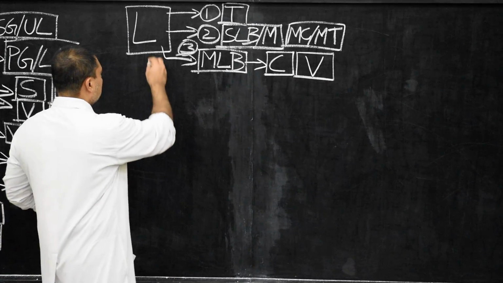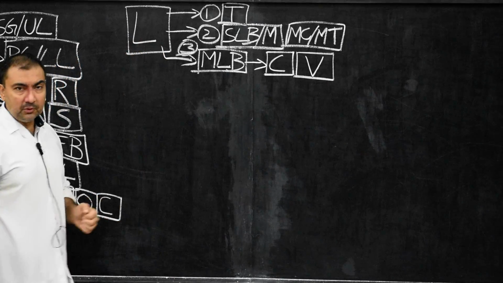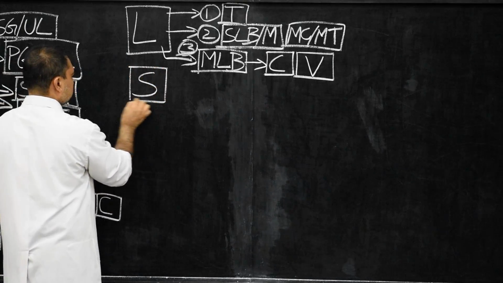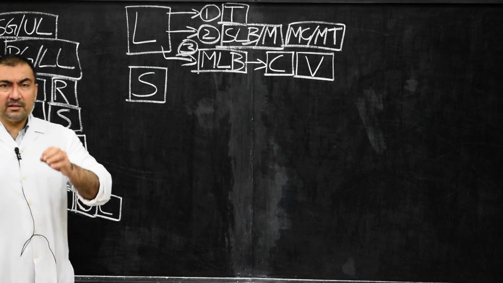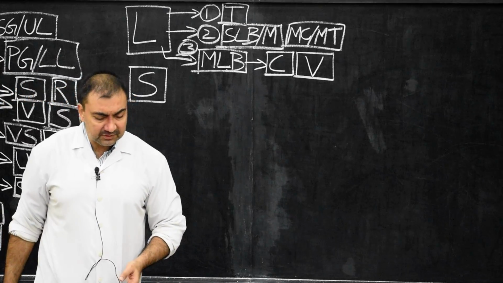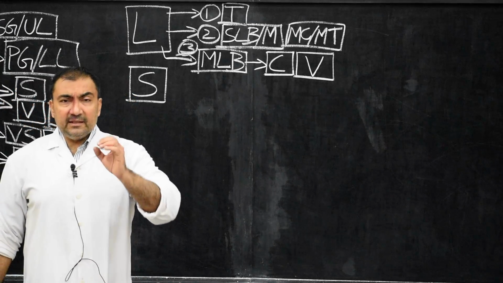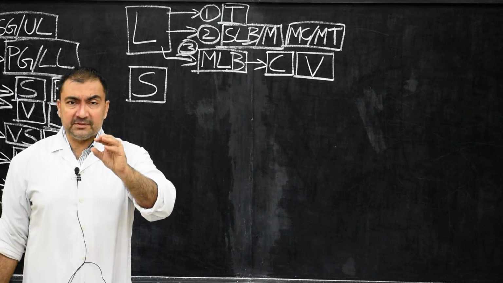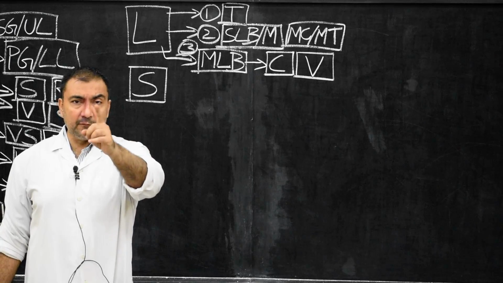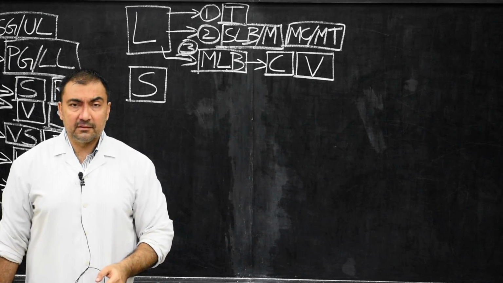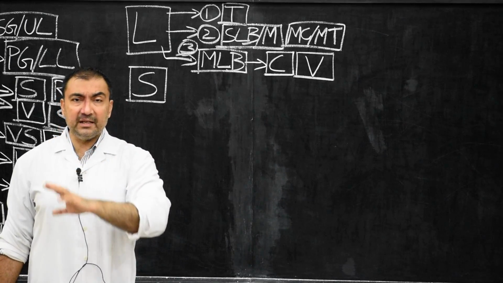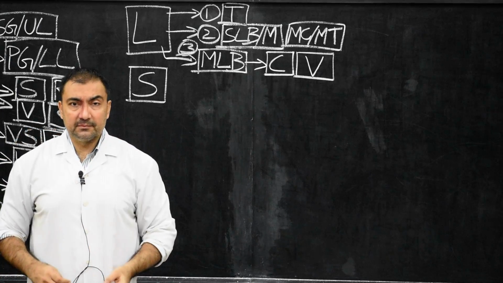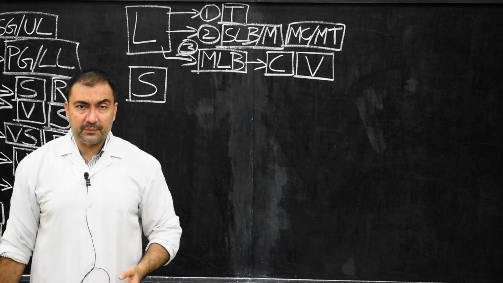Then, after the long bones, we come to short bones. Now, what are short bones? These short bones are those bones which ossify from one ossification center, and all the short bones will start their ossification after birth.